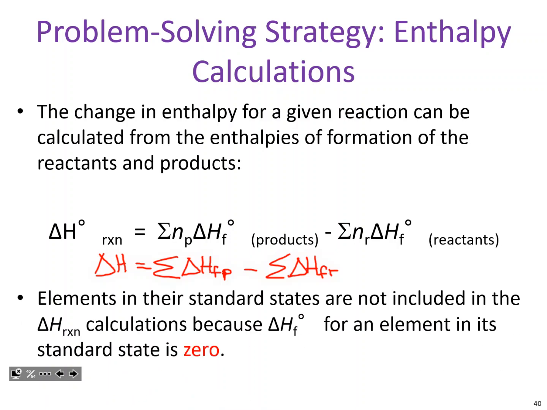All right, one other thing to note too is elements in a chemical reaction where it's in their regular element standard state, they do not have heats of formation because they don't really form from anything. They just exist naturally. So their heat of formation is 0. We have heat of formations for compounds and molecules because you're actually combining elements together to make them.